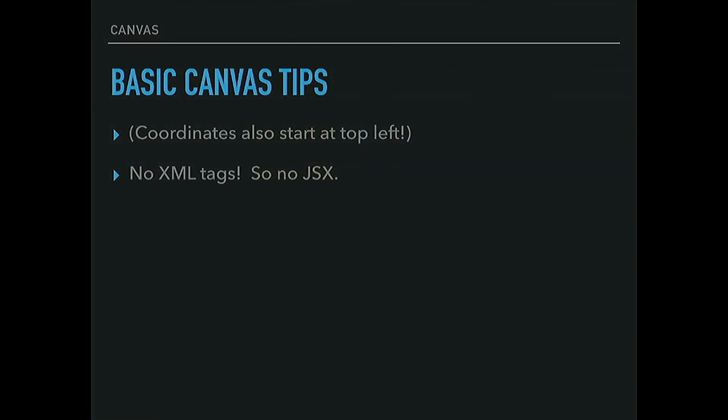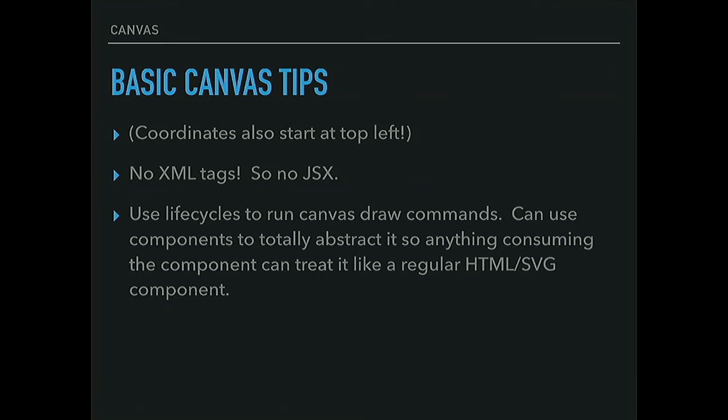There are no XML tags in Canvas, except for the outer Canvas element. So there's no JSX. So instead, to draw in Canvas, you can use React component lifecycles to run the Canvas draw commands. So maybe componentWillReceiveProps. I used render in my examples. Or maybe componentDidUpdate. So you can use components to totally abstract it if you want.